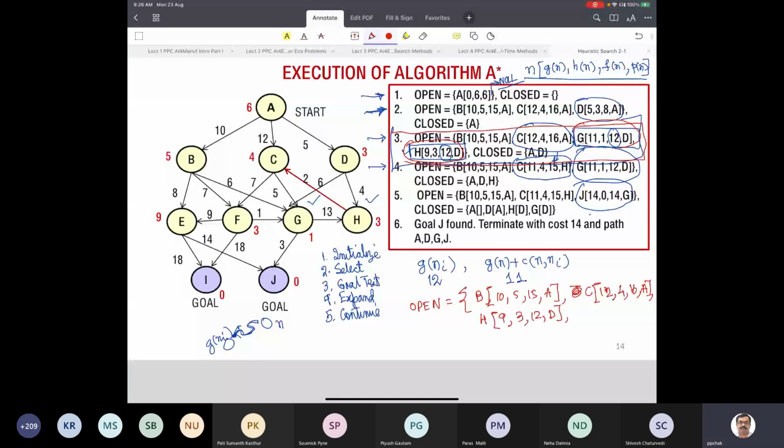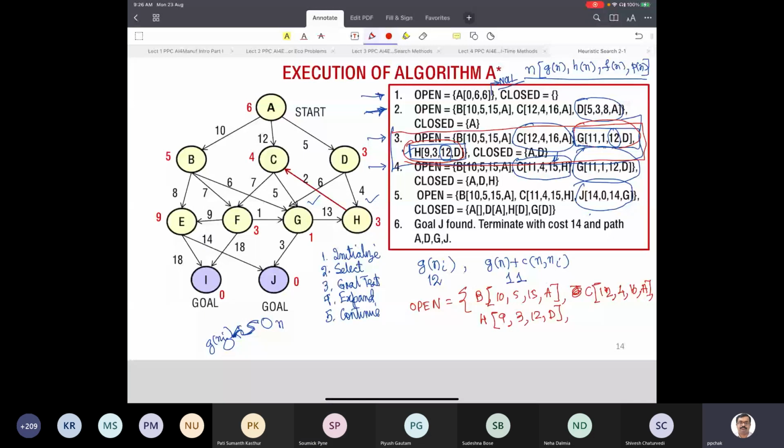G has two children, no? One is J, one is H. Would we update the value of H because of this new path from G to H? No, because the new path from G to H is longer.